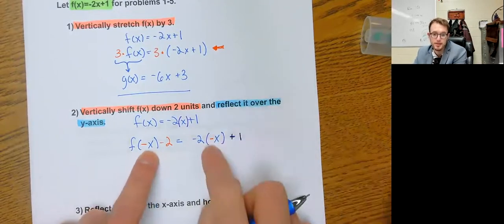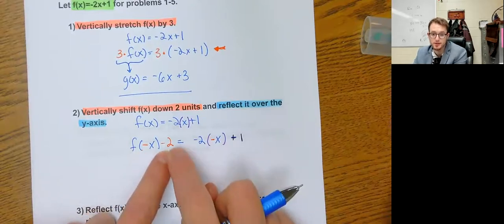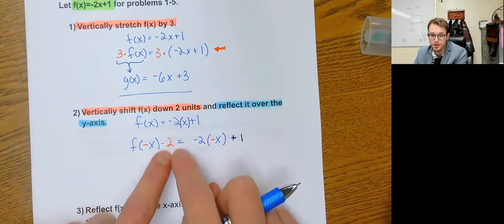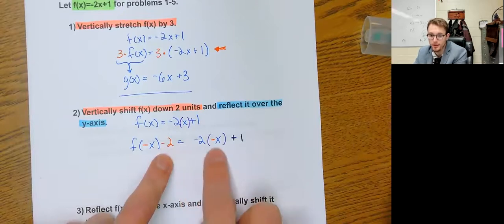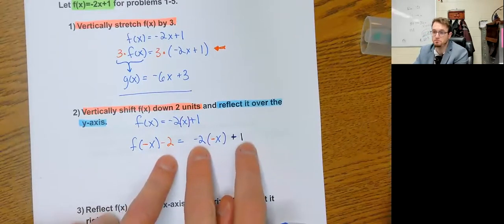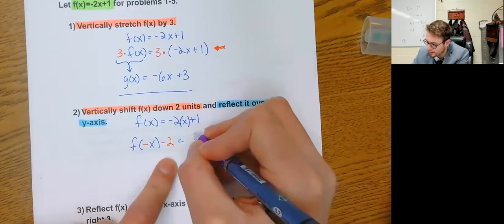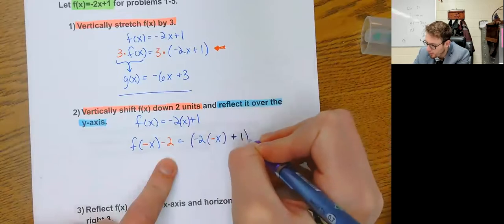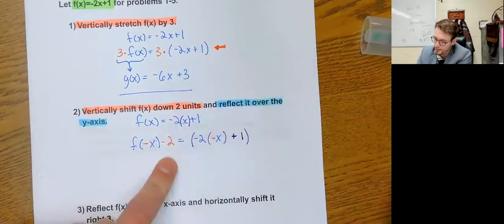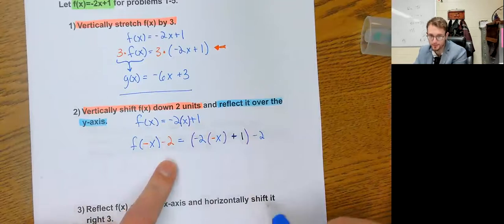So I multiplied just the input by a negative, but this subtraction of 2 is to the whole function. Do I have parentheses around this whole function? I don't. So you actually have to create another set of parentheses around the whole function to subtract 2 off of the whole function.